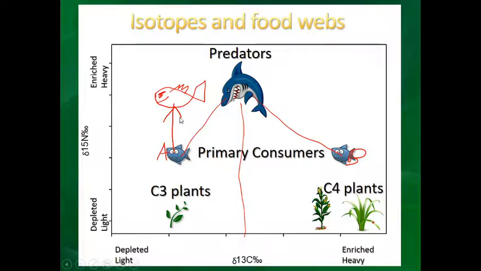This depiction is now a food web, and we have all sorts of links going on here. We're not depicting them as arrows, but putting them on this carbon-nitrogen biplot allows us to figure out what species is eating what and in what quantities.